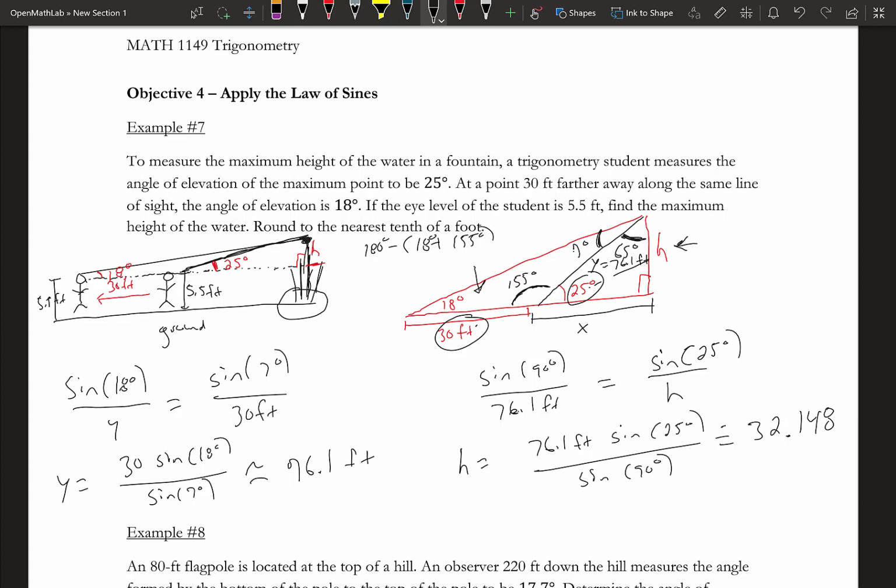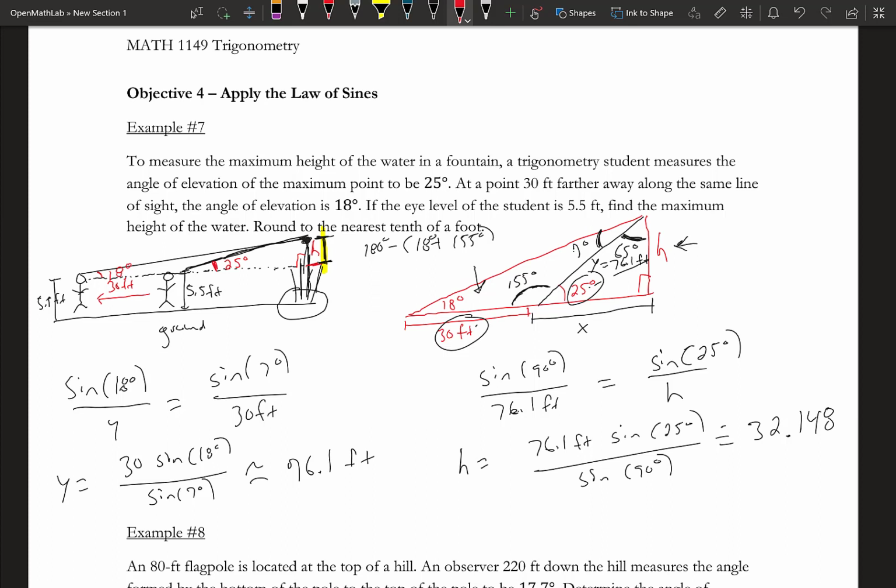That's not the actual answer though, because remember, this h part is this measurement, this height, just that part. So what I need to do is add in the height of the student, which is 5.5 feet.